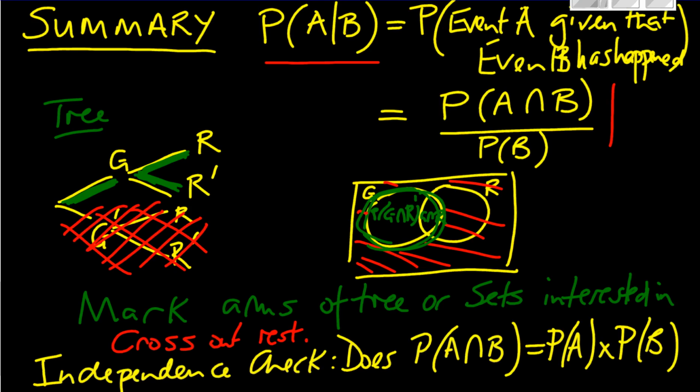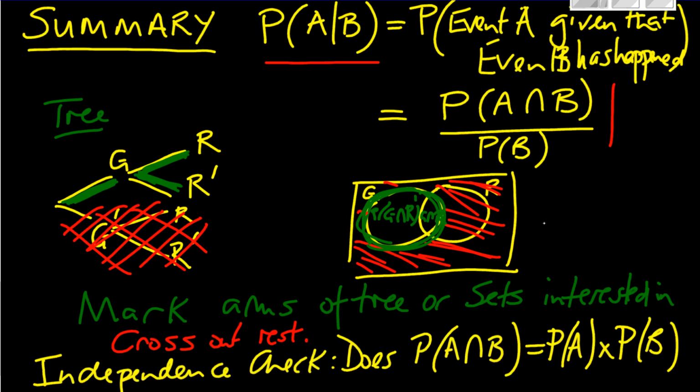That makes it pretty clear what you're up to, and then you can work out the figures from that, the probabilities, if you want to do it graphically. And the Venn diagram follows a very similar approach. You can mark up the area of the diagram you're interested in and cross out in red, say, the areas you're not interested in, so it's really obvious, and then do your calculations.